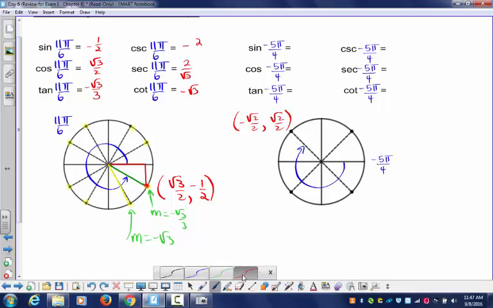Step 1, point on terminal ray coordinates. Any question about how we would get those coordinates?